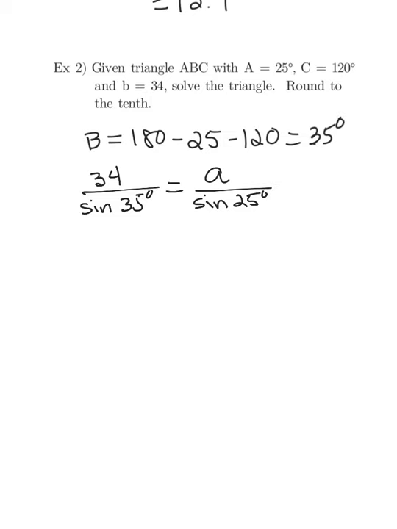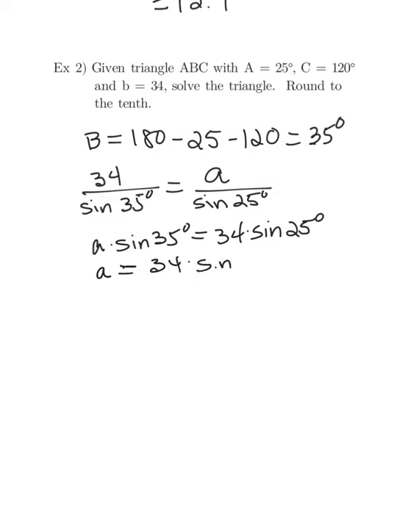Cross multiply, you're going to get A times the sine of 35 degrees equals 34 times the sine of 25 degrees. Divide by your sine of 35 and you get A equals 34 times the sine of 25 over the sine of 35. Doing that on your calculator, rounding to the tenth, you get A of 25.1.